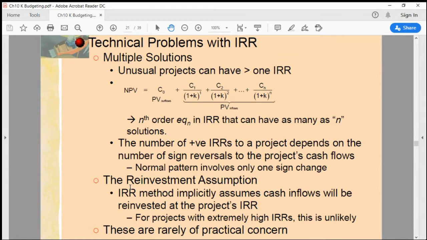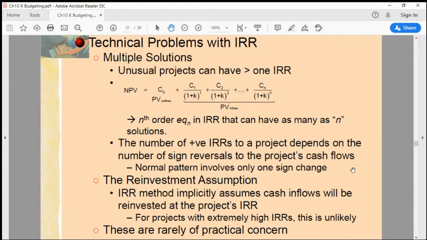And if the order of the equation, in other words this n, is an even number, then hypothetically and theoretically, it can have an even number of positive and negative solutions, right? But the number of positive internal rates of return depends on the number of sign reversals in the project's cash flows.